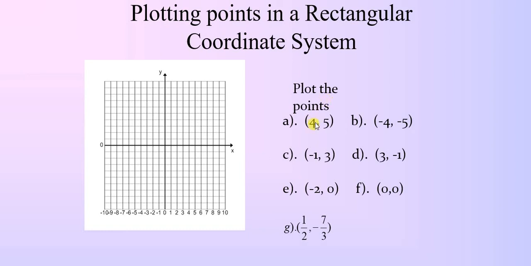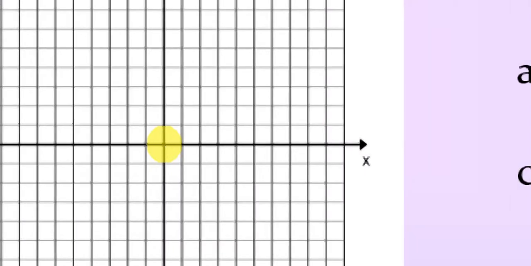If it's 4, 5, then from the origin, we count 4 units to the right because it's positive 4. So 1, 2, 3, 4. Then since it's positive 5, 5 units upward. 1, 2, 3, 4, 5. And there you go. This is point 4, 5.